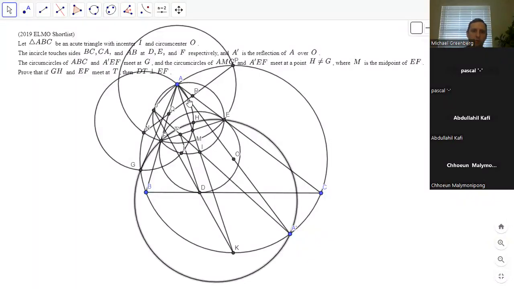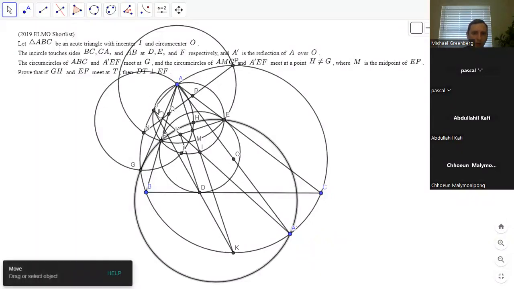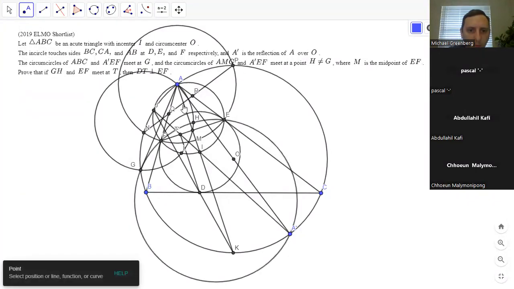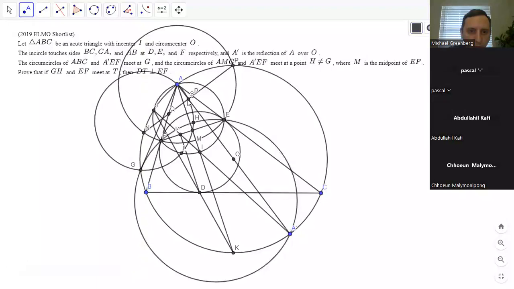We want to show it inverts to this point. By the same logic, it's going to invert to a point on this line. But we don't know yet that it would lie on that circle.